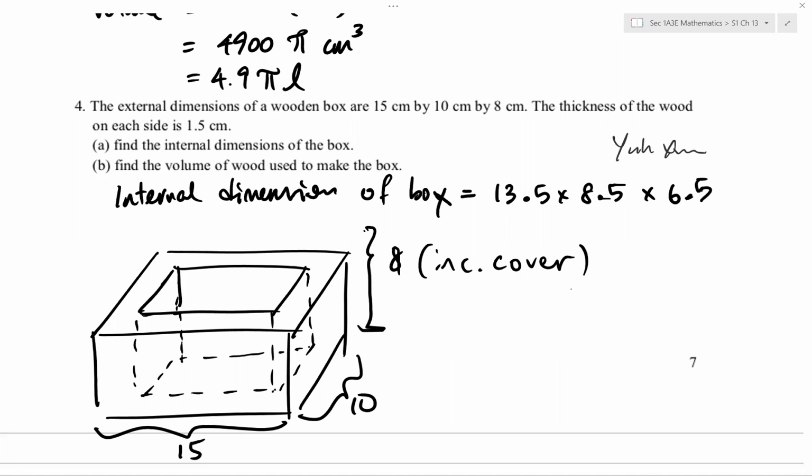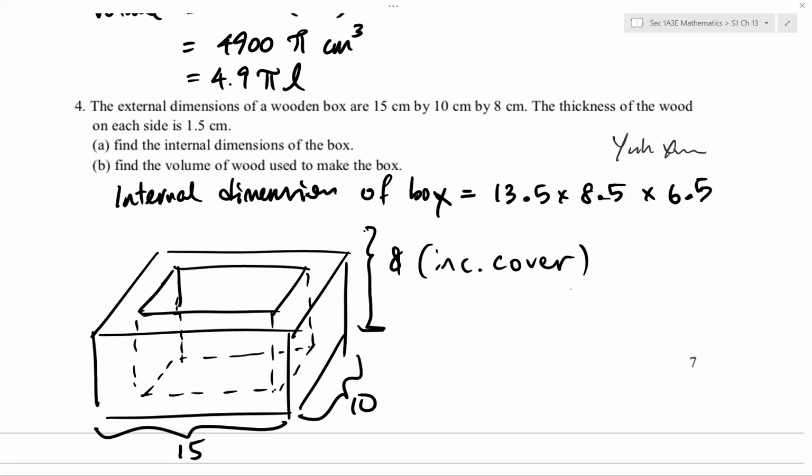Do you agree with 13.5, 8.5, 6.5? Disagree. Okay, so why? What do you think it should be? Do you think it is 13.5? Yes or no? Oh, now got supporter already. Silio, what do you think? No, why?